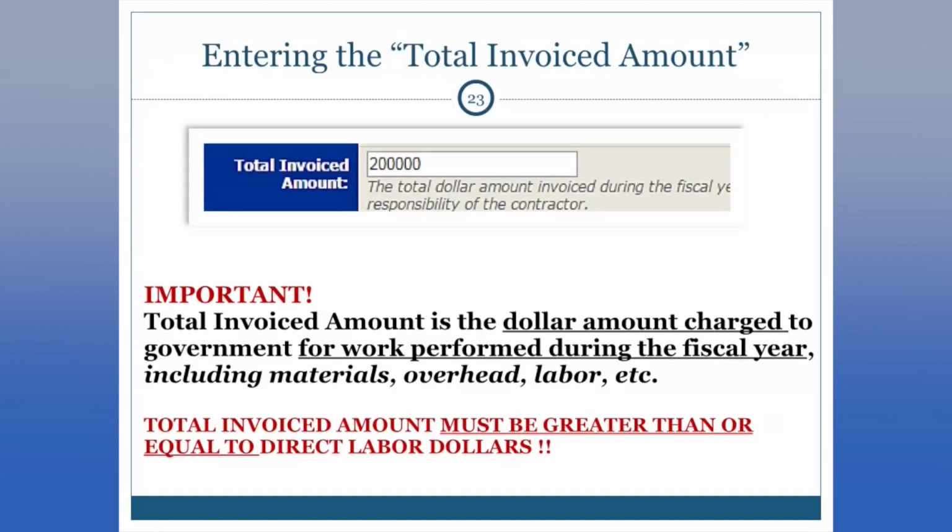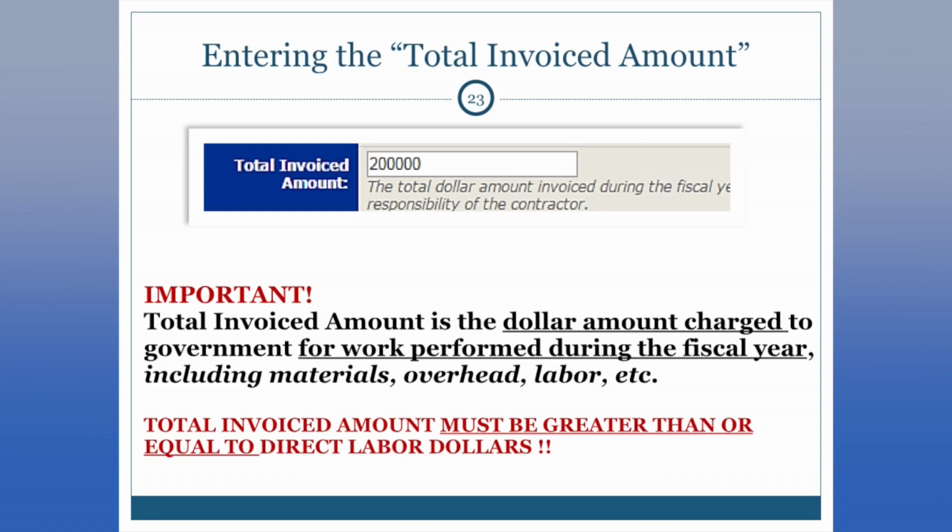The total invoiced amount is the dollar amount charged to government for work performed during the fiscal year. It's fully burdened. It includes things like materials, overhead, labor, G&A. The total invoiced amount must be greater than or equal to your direct labor dollars, which will be entered later under the Location Data tab.